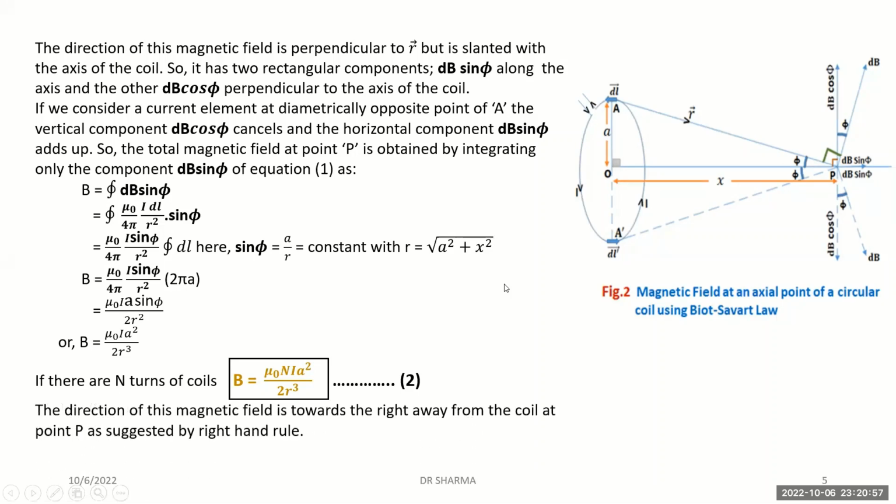Now special cases. First case, if x is equal to 0. Remember that the field point is at distance x from the center of the circle O. If x is equal to 0, that means the field point lies at the center.